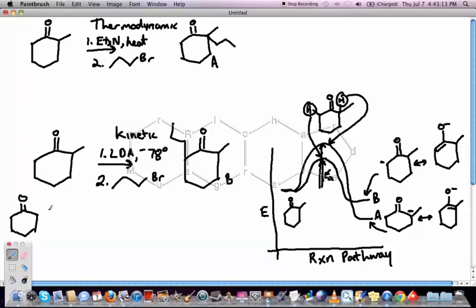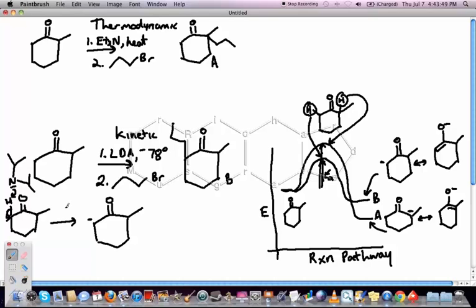So what we're going to do is we're going to have the LDA come in, and the LDA, as we learned earlier, looks like this, lithium diisopropyl amide. Negative comes in, takes the proton, and it's going to take the proton off the less substituted side because the activation energy is lower to do that, and we're at low temperature, so we know we're looking at kinetic conditions here.